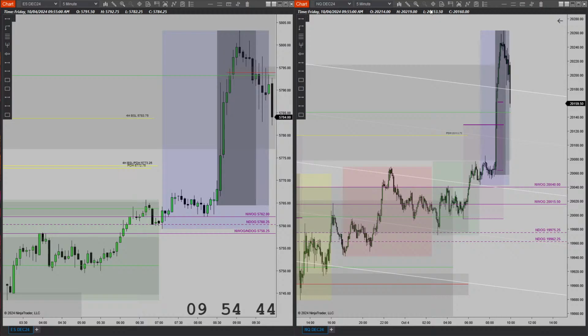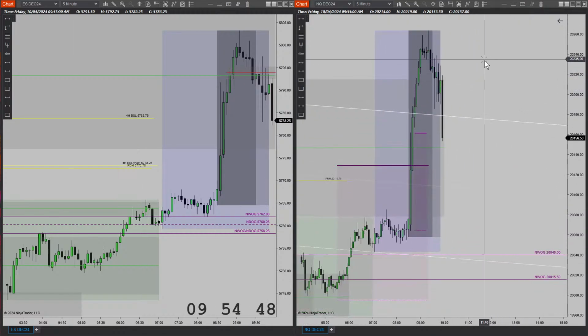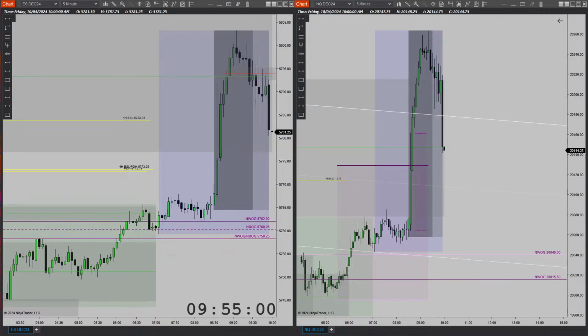So at this point, I don't want to see any wicks get drawn. We're just about to hit consequent encroachment here. All right, now I want to see just continuation. If it reverses, I don't want to see it get above here.